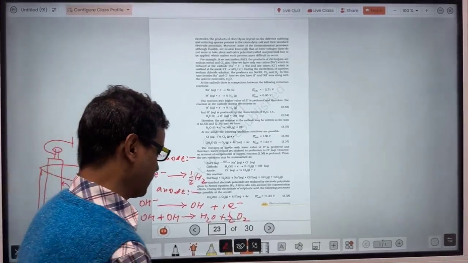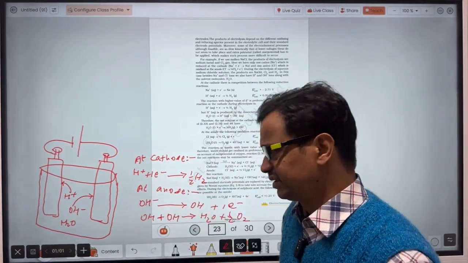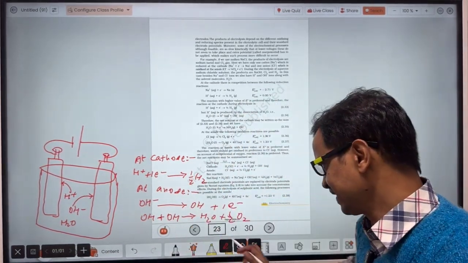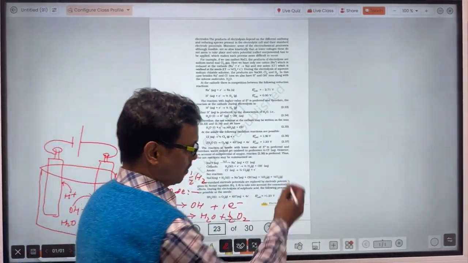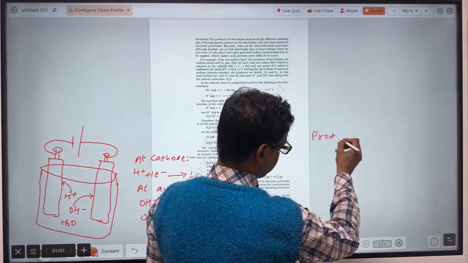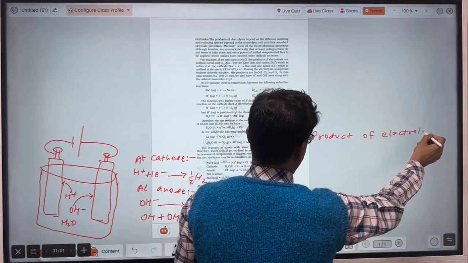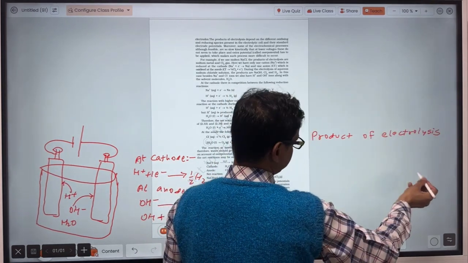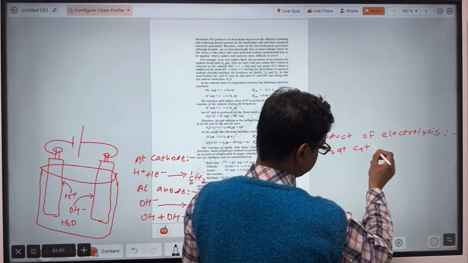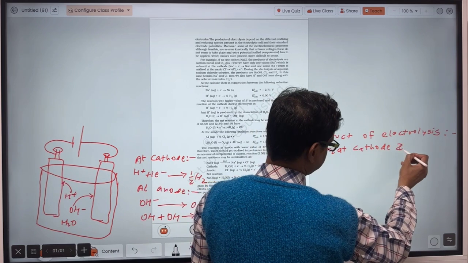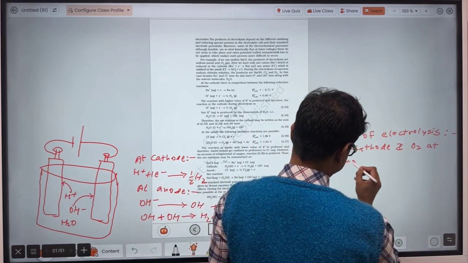So, when we do the electrolysis of water, at the cathode hydrogen gas will be produced and at the anode oxygen gas will be produced. So the products of electrolysis will be H2 at the cathode and O2 at the anode.